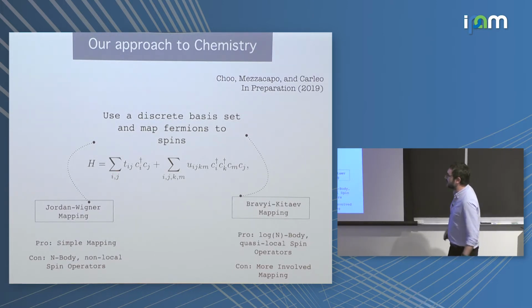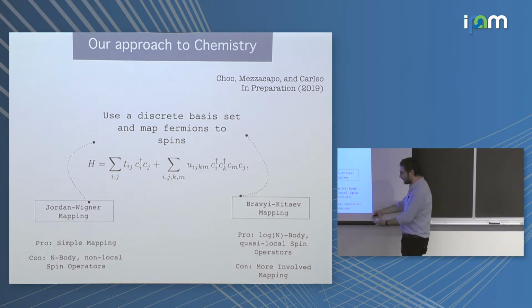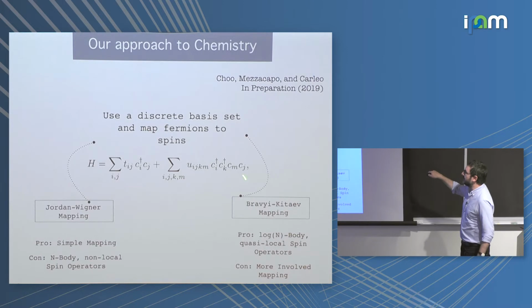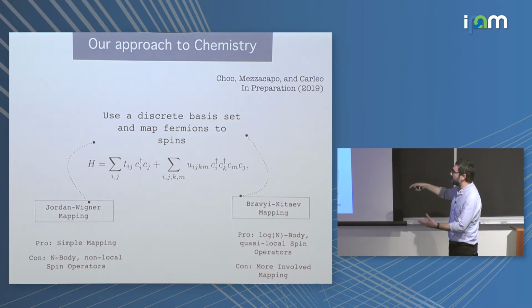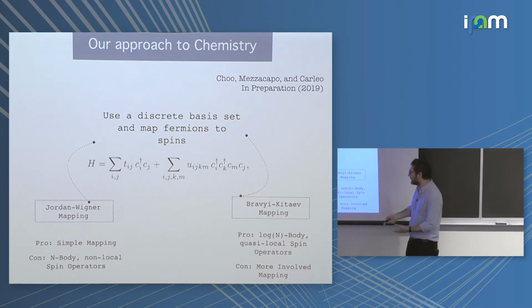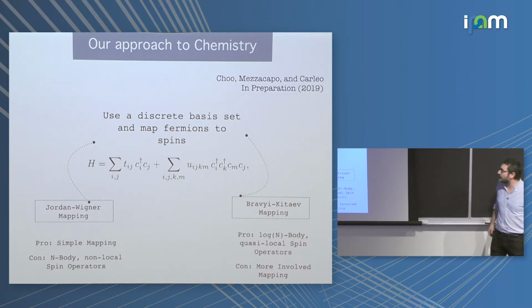basically a discrete basis set, like people normally do in quantum chemistry when they do not use an approach in continuous space. So we use some basis set that, for example, is a Gaussian basis set, or anything that your favorite quantum chemistry package can automatically return, more or less.